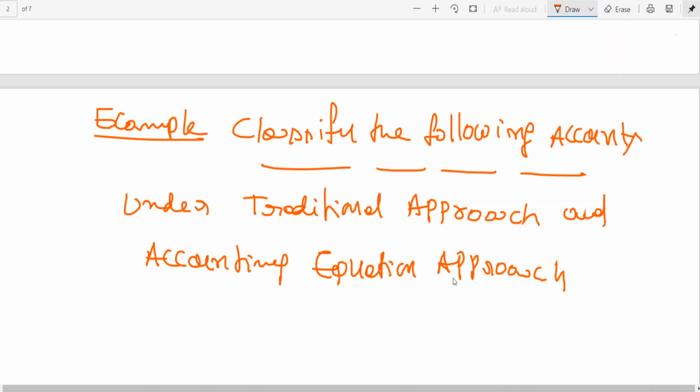Some information will be provided. The name of the account, you should identify as personal, real, nominal, like that.